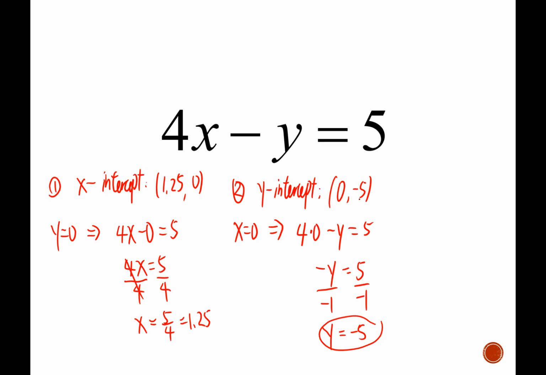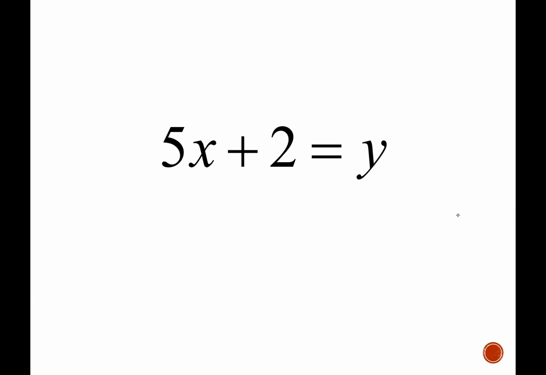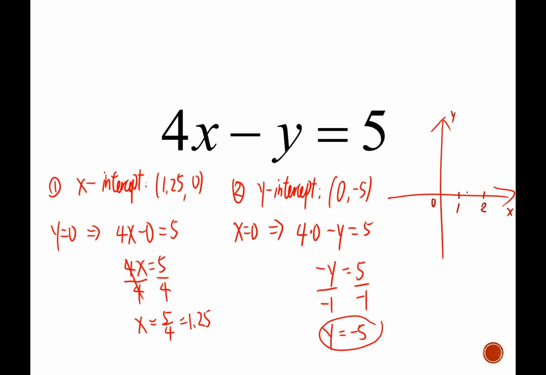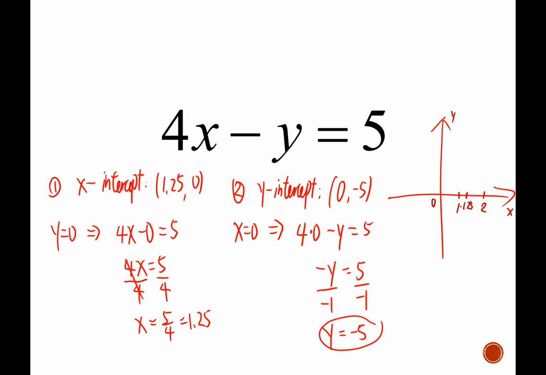Now once you have both ordered pairs, you just have to plot them. I'll use a different color to pinpoint both points on the line. The first, the x-intercept, is located on the x-axis. This is 1 unit, that's 2 units, and 1.25 should be a quarter of the entire unit, right here.